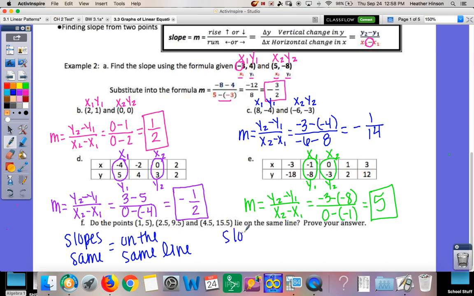If your slopes are different, they are not on the same line. So we have to check all of our slopes. I'm going to go to the blank page to do this.